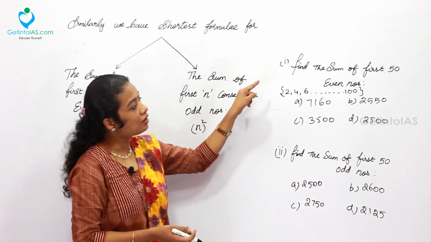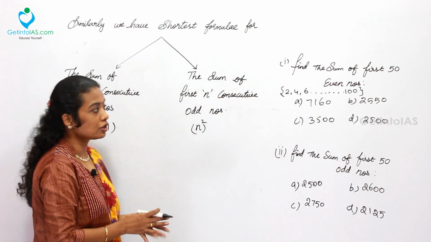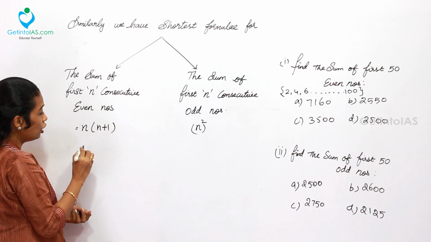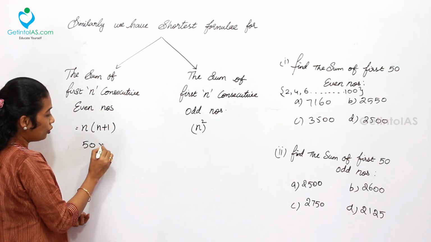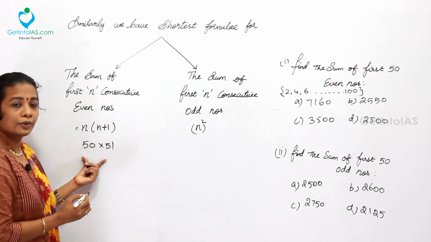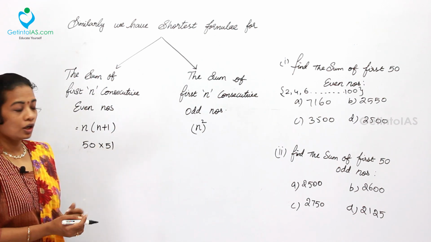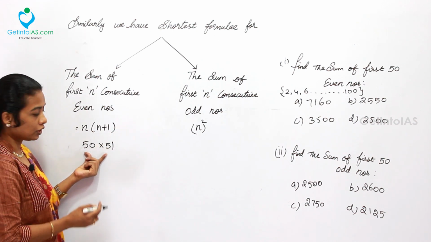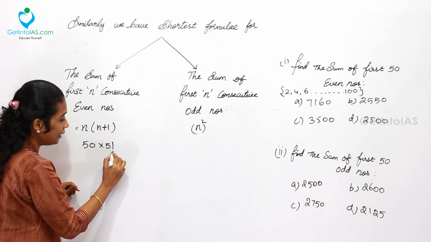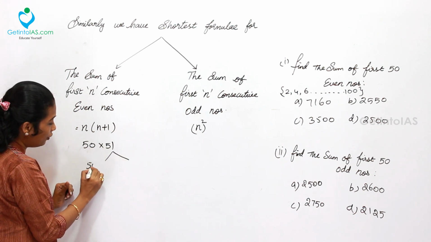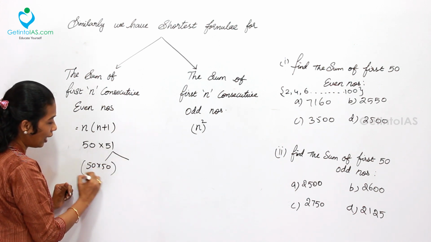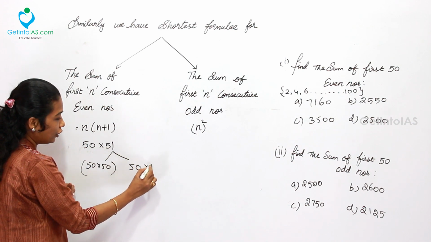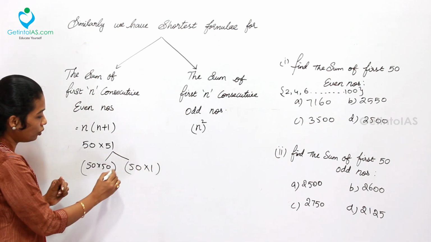So given, find the sum of first 50 even numbers. So n is 50. So 50 into 51, simply that is the answer. What is 50 into 51? You can split and calculate that: 50 into 50 and separately 50 into 1, then add up both.